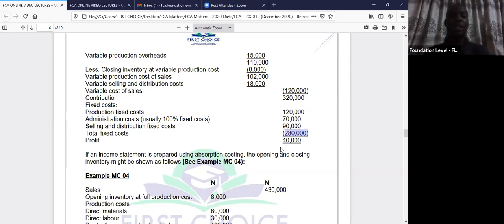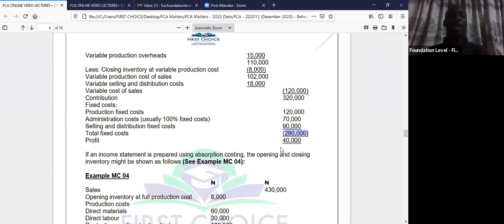marginal costing style is. You treat your variable overheads and your fixed overheads separately. Now, assuming that you were given a production overhead figure and told it was a mixed cost, and they gave you figures for several years or several months, you can use your high-low method to remove the variable parts from the fixed parts.